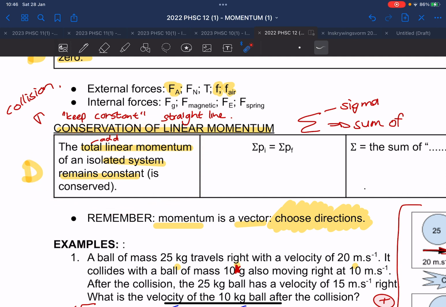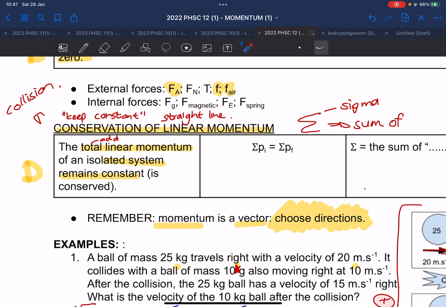The definition is the total. Total means adding together. The total of linear momentum of an isolated system remains constant or remains conserved. That just means that we're going to look at a perfect scenario where if two things collide, so this one is stationary and this one collides with that one, then the momentum together at the end will be the same as the momentum at the beginning.